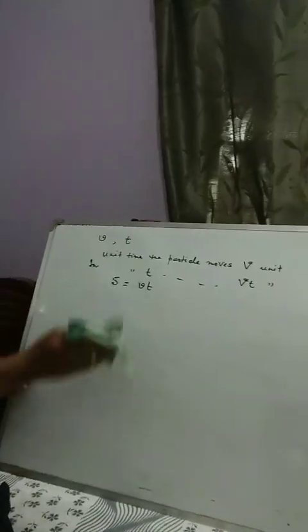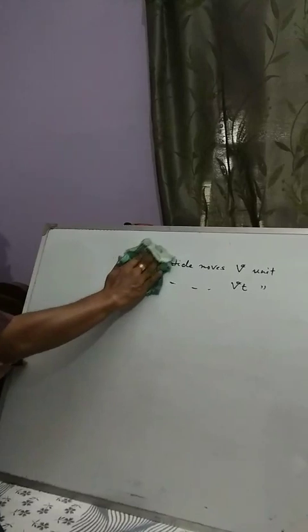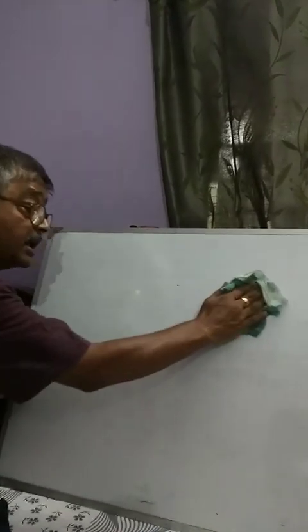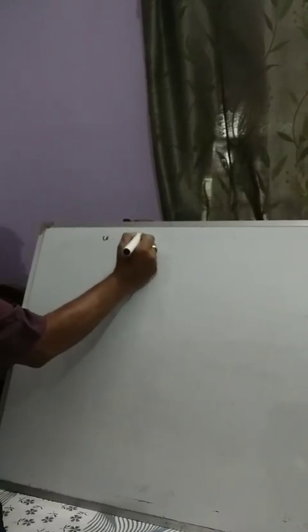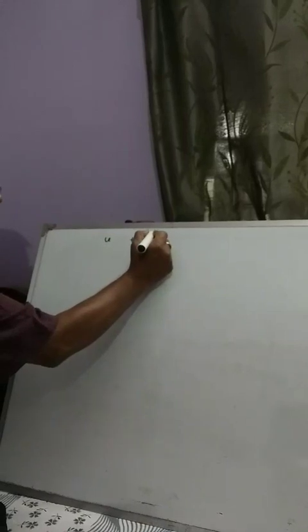Second equation, a particle starts with velocity u. After time t, the velocity is increased because the particle is in acceleration a.